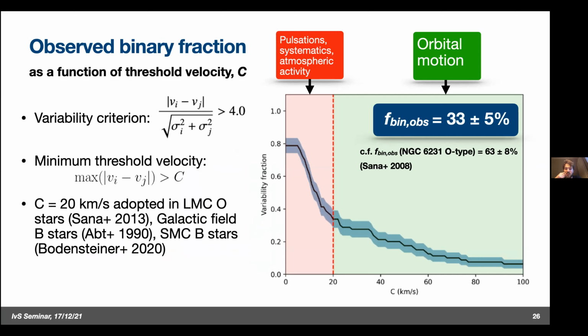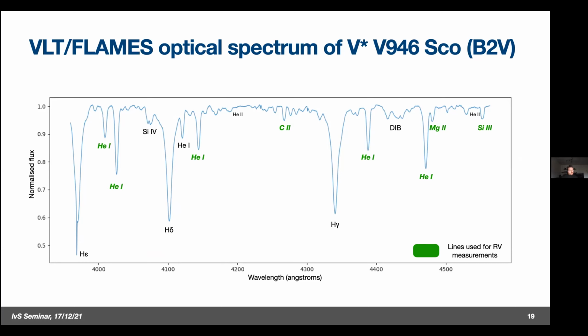I've used helium-1 lines, and I think the line you're referring to that could be particularly sensitive to pulsations is the silicon-3 line. I know that this can show a lot of variation. This is used in some cases, but I do look on a star-by-star basis. Looking at these silicon-3 lines, it's quite obvious when there's strong line profile variation from epoch to epoch in the silicon-3 line especially.